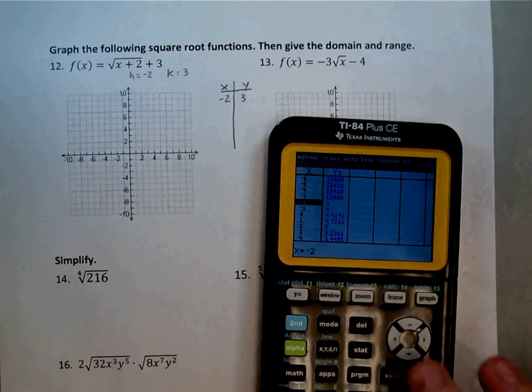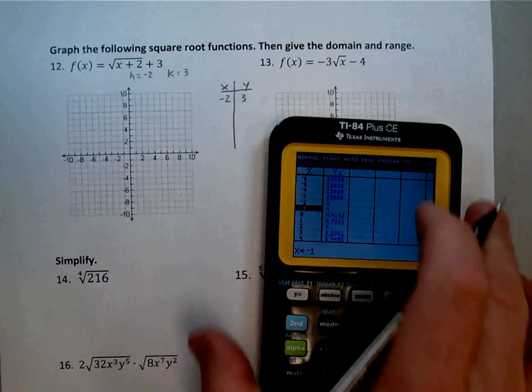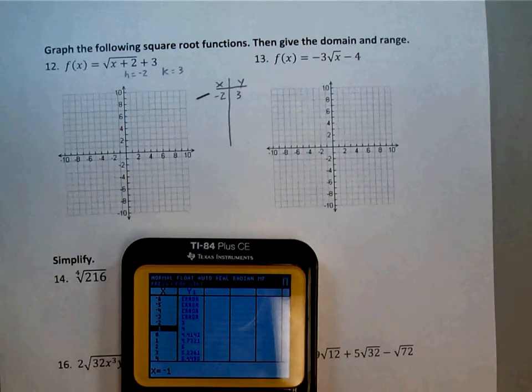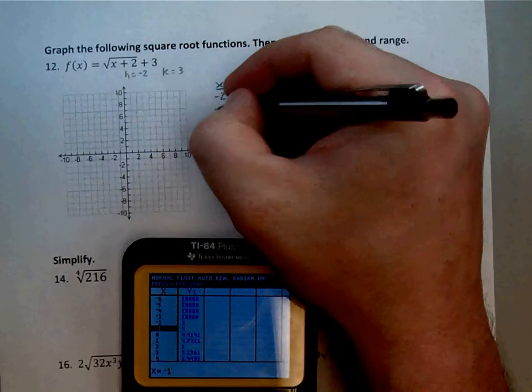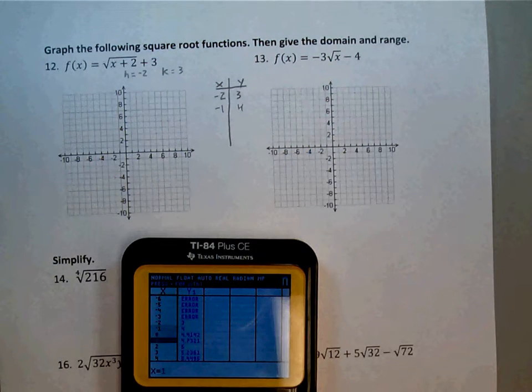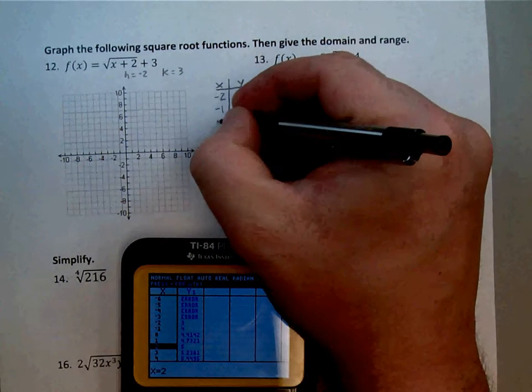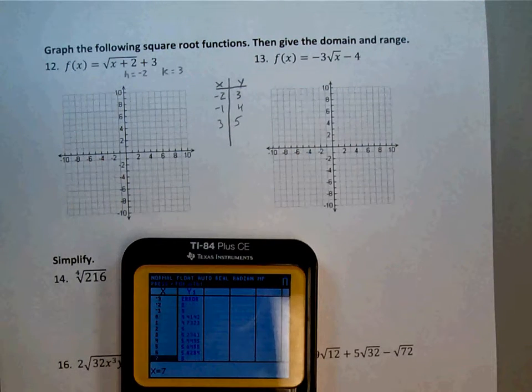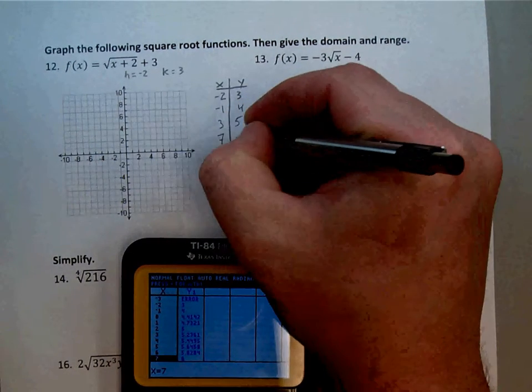And so then let's grab some nice ones. So negative 1, 4 is a nice one. There's another one at 3, 5. I'm going to go down until I find one more. A lot of times we've been doing 4, 7, 6.